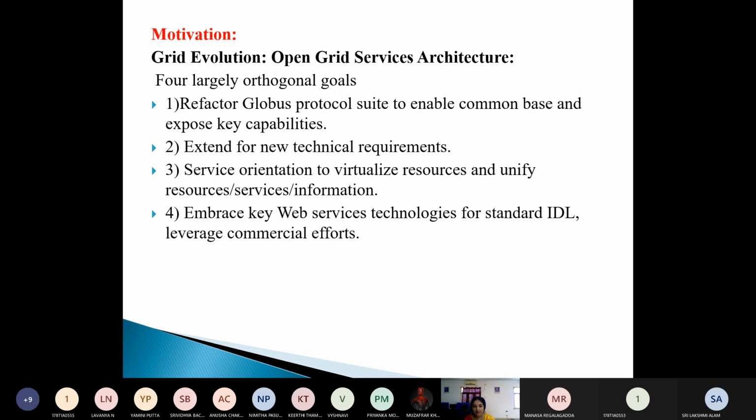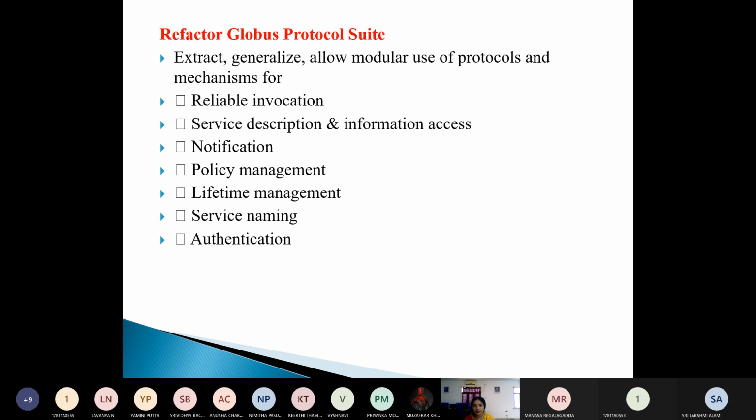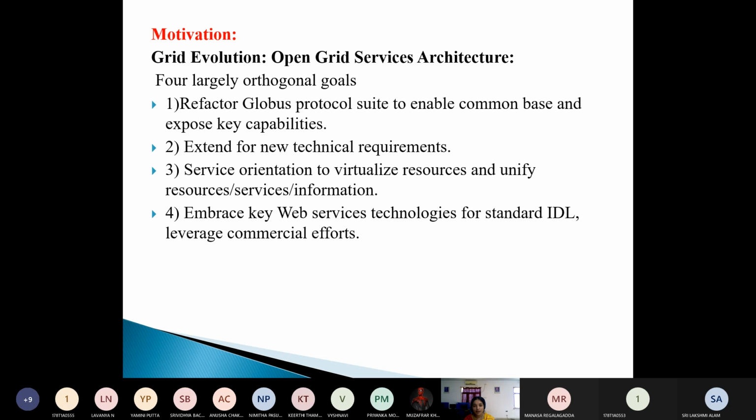In this motivation we have four largely orthogonal goals. The first one is to refactor the Globus protocol suite to enable a common base and expose key capabilities.